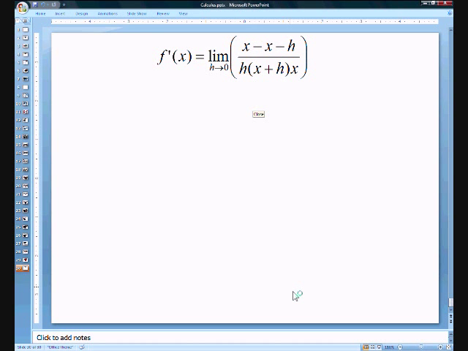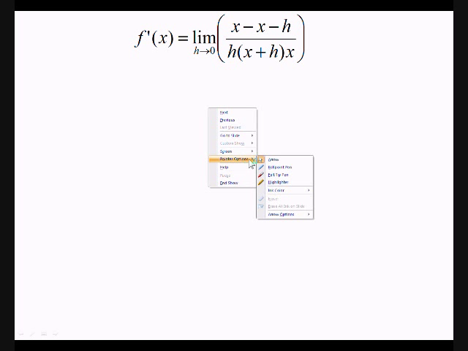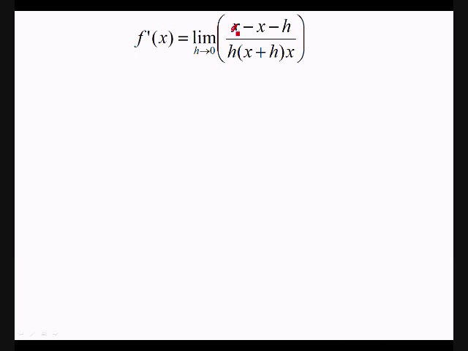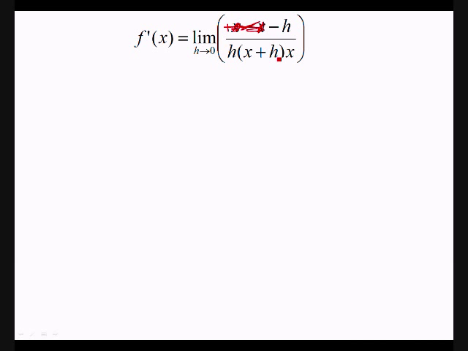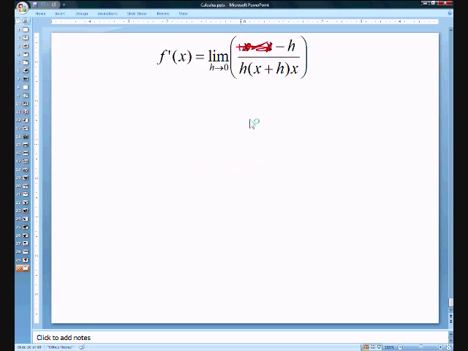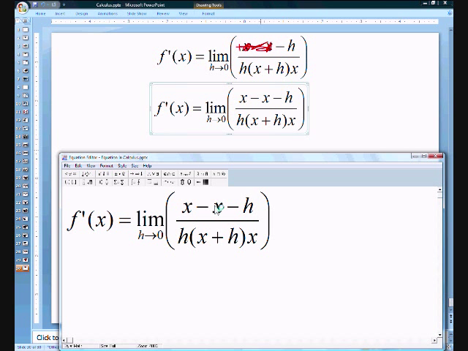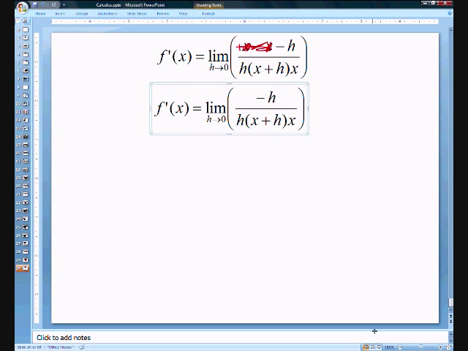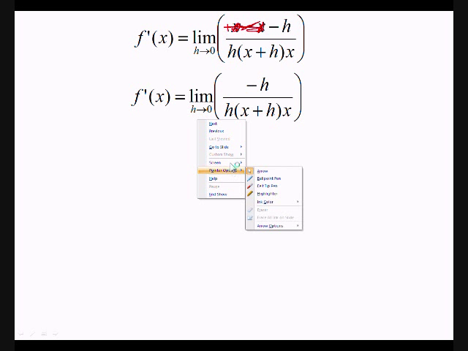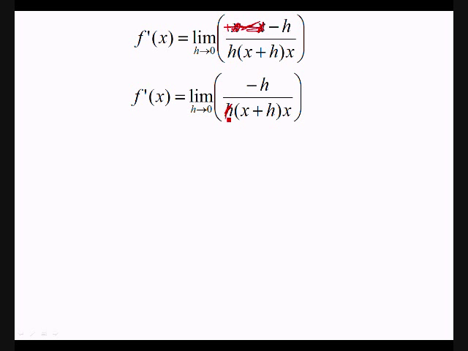Now we can see that this x is going to cancel out with this x because it's a positive x and this negative x, so that cancels out, and we're left with a negative h in the numerator, right? Let me just show the intermediate step as that h gets canceled out. So these x's were removed, and now we have our h's here, and we could get rid of them.